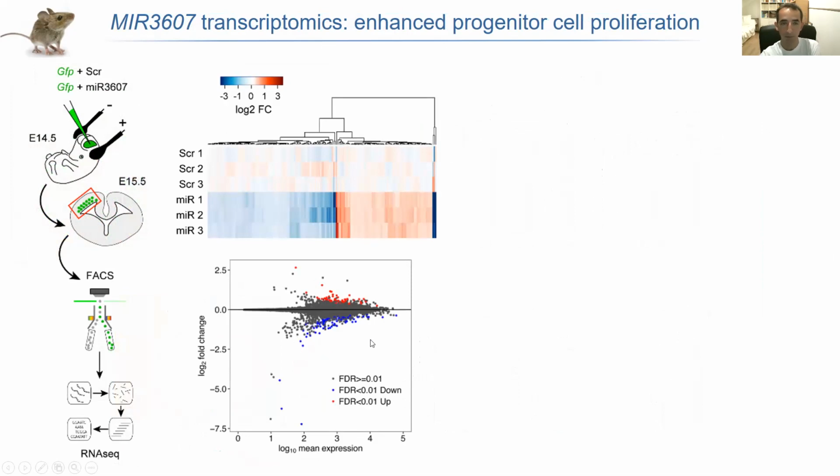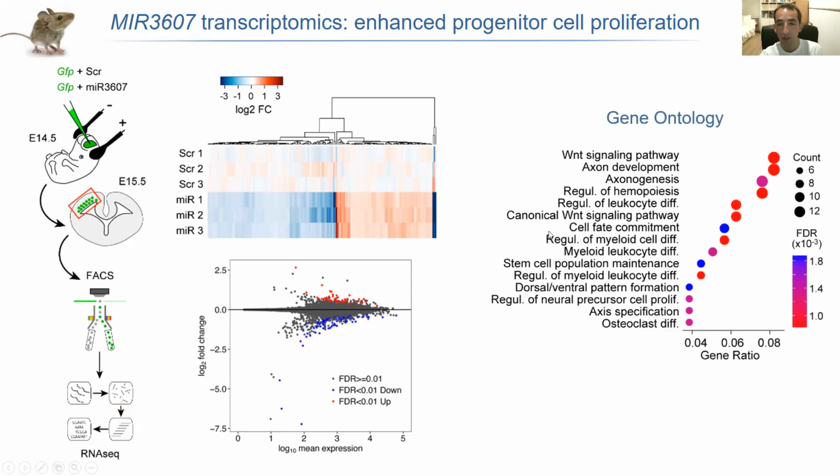I say as expected because of the known action of microRNAs, reducing transcription or expression of genes. When we looked at the ontology of these differentially expressed genes, we found features related to progenitor cells, and specifically we found effects on Wnt signaling, on the canonical Wnt signaling, regulation of neuroprecursor proliferation, and particularly on cell fate commitment.